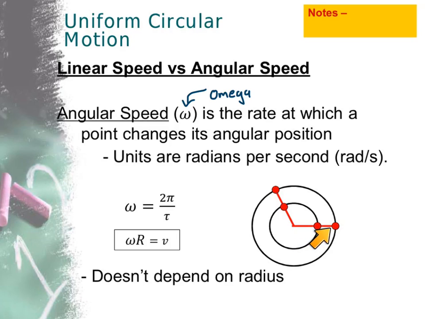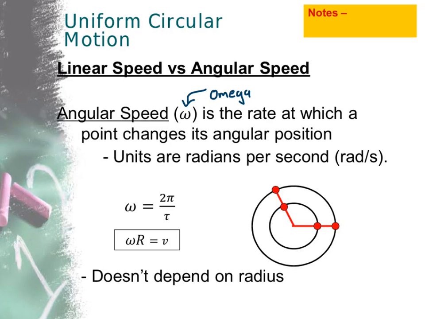Now these same 2 points, even though they have a different linear speed, they're still going to change their angle by the same amount over the same amount of time. So what that means is that angular speed does not depend on how far the point is from the center. So these 2 points on the same circle are going to have the same angular speed, but they're not going to have the same linear speed.